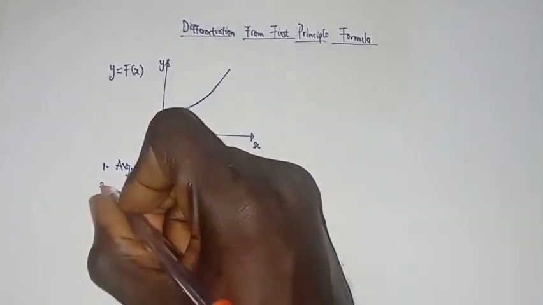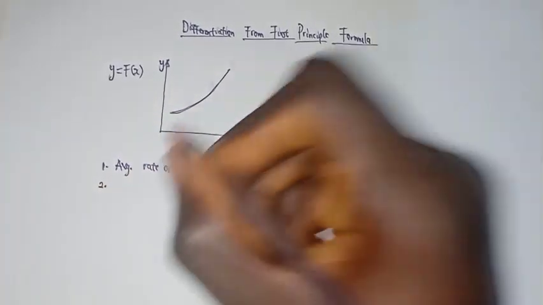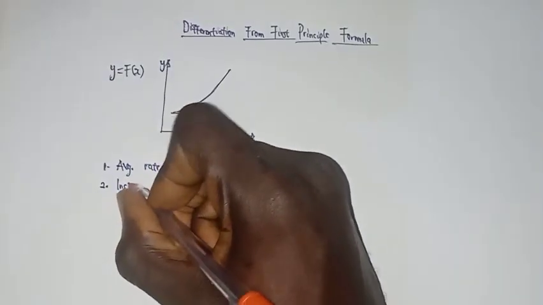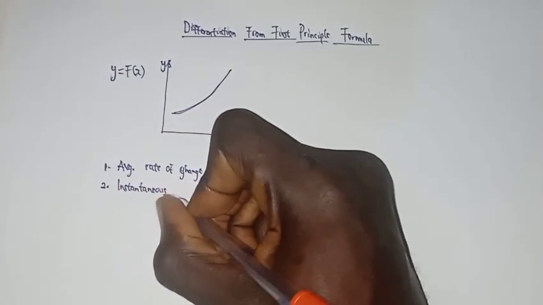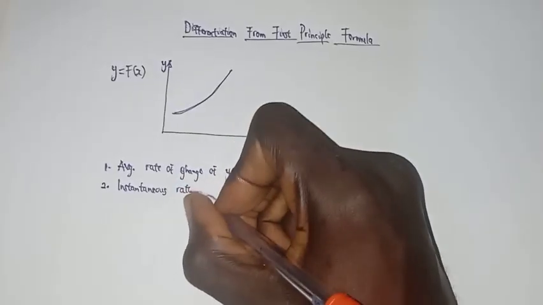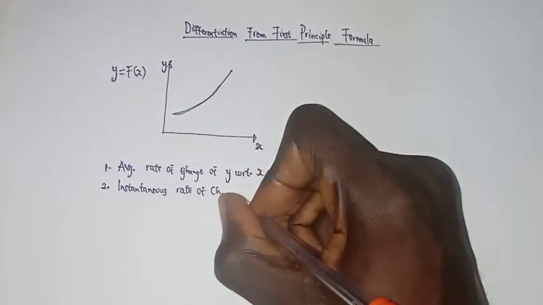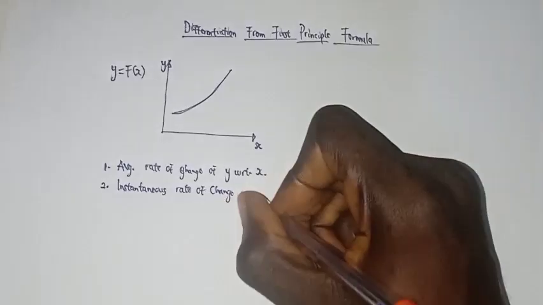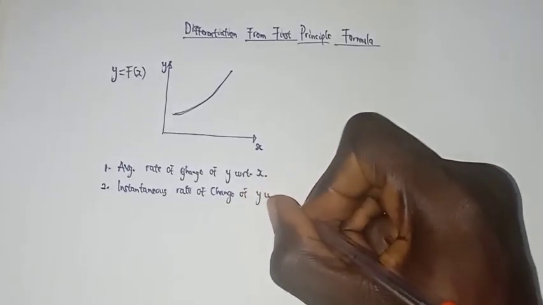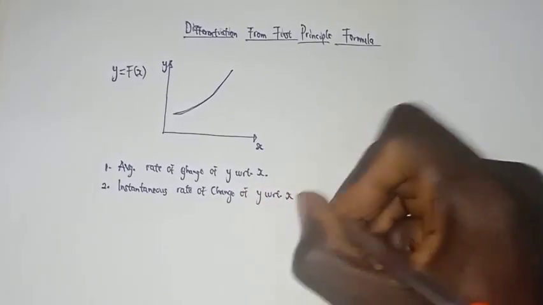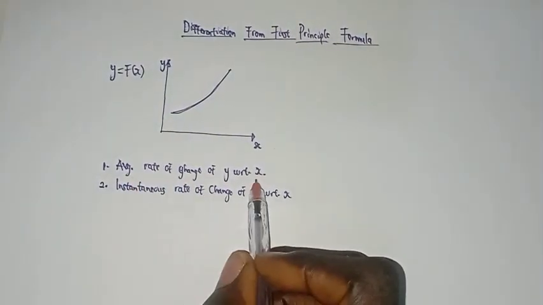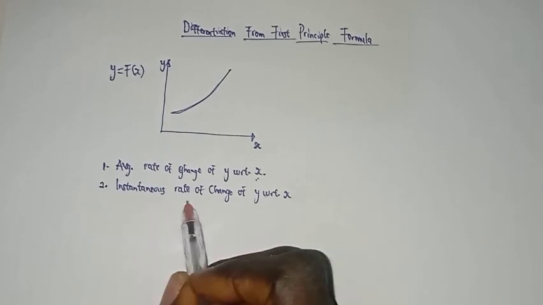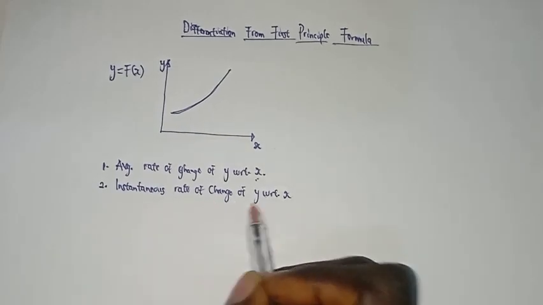And then the second thing it tells us is that it gives us the instantaneous rate of change of y with respect to x as well. So it tells us the average rate of change initially, and then as we go further, it gives us the instantaneous rate of change of y with respect to x.